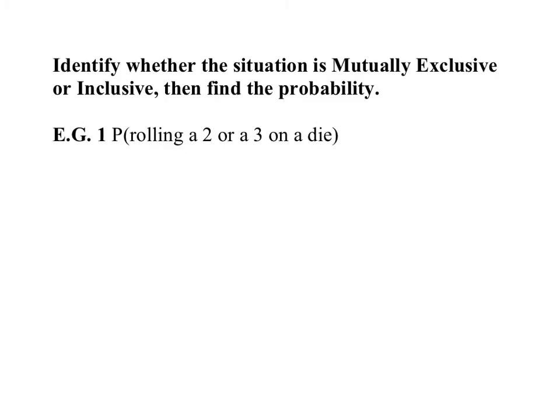So we'll practice identifying exclusive or inclusive events and then calculate the probability. Here we are rolling a die, getting a 2 or 3 on a die. So these two events cannot happen at the same time. They are mutually exclusive events. You would set up two adding fractions, one that represents getting a 2, the other one represents getting a 3 on a die.